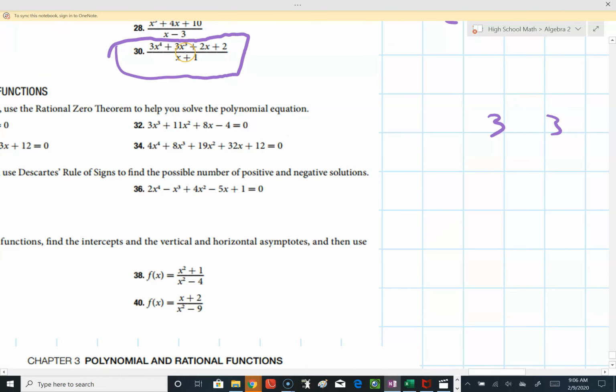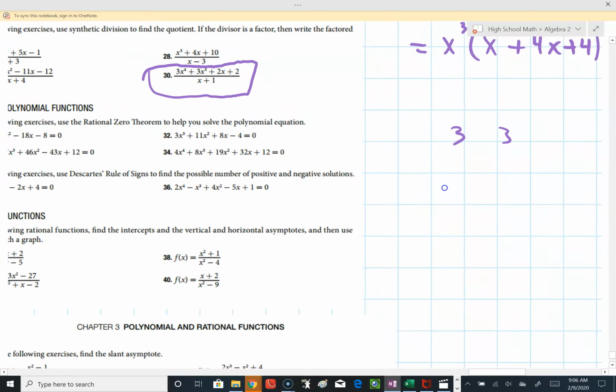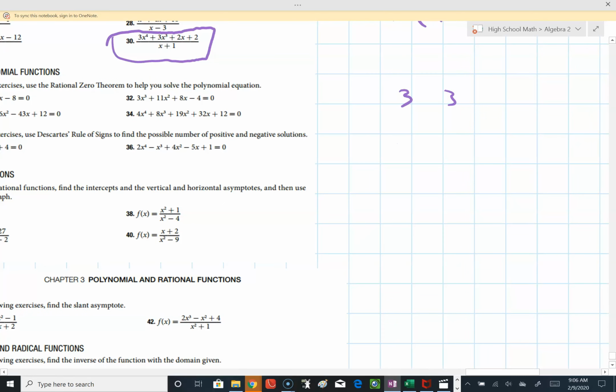Note there we have a cubed but no squared. And when that's the case, you need a 0 placeholder. You can think of this as being 0x squared. And then we have a 2x and a 2 constant. We're dividing by x plus 1. You can think of it as using the associated zero, which would be minus 1. Technically, this opposite affects the idea in division of subtracting as opposed to adding a negative, which is what we're doing here.